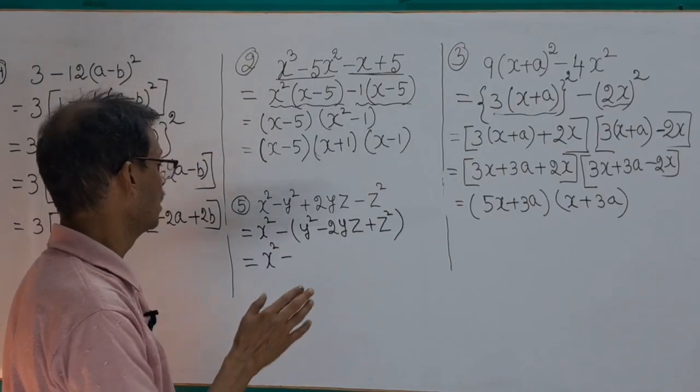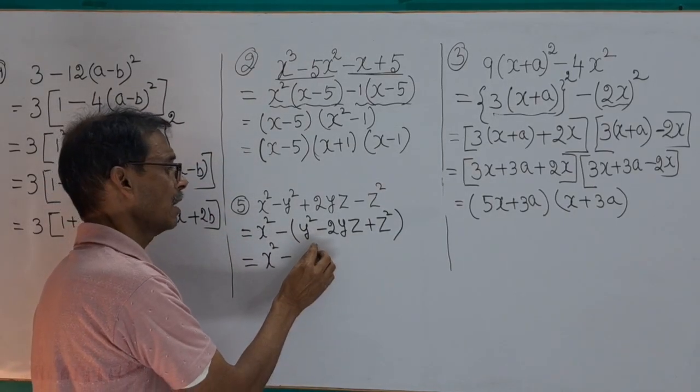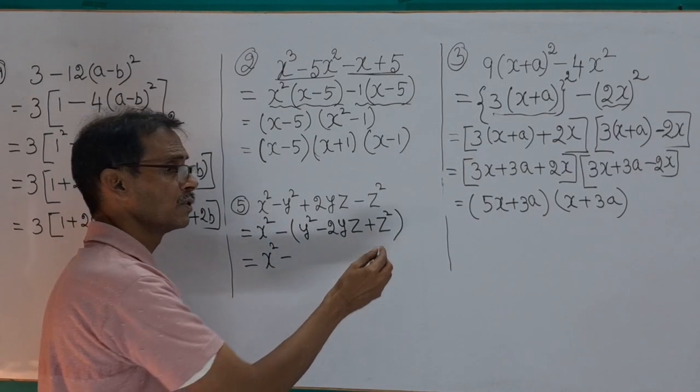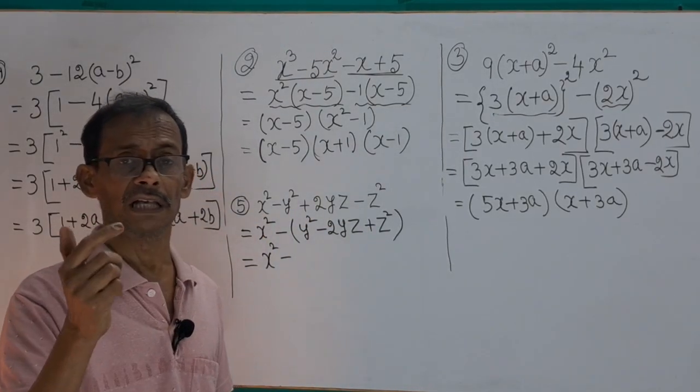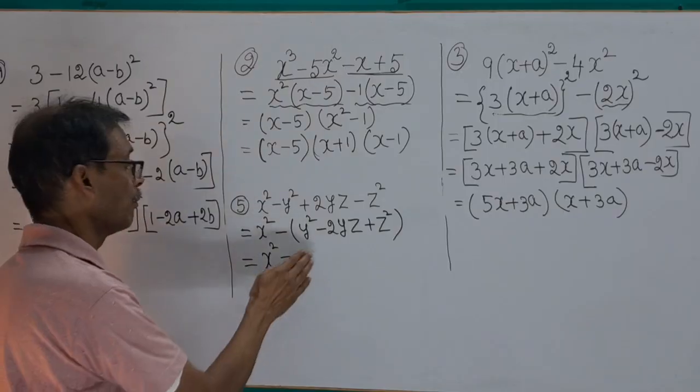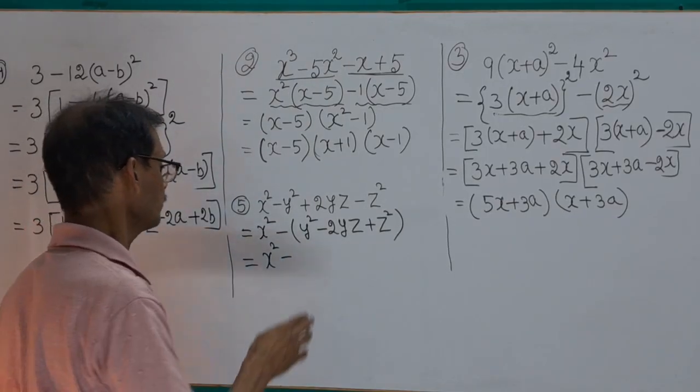Now if you have learnt the formula a square minus 2ab plus b square equal to a minus b whole square, the first identity of algebra, I hope that you have all learnt it properly.